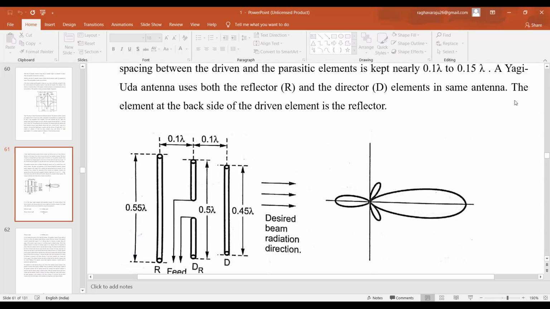Therefore, reflector, driven element, and director are used in this antenna.